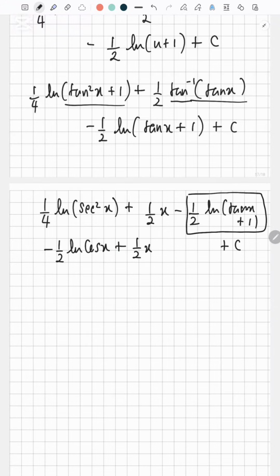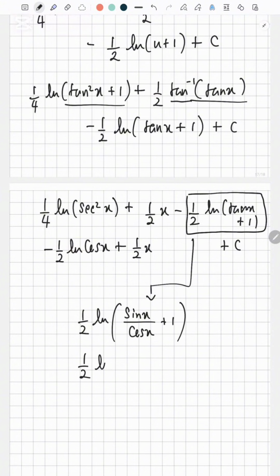Now let's deal with this. You can rewrite that too. You can write it as half ln of sin x over cos x plus 1. So let's get the common denominator.